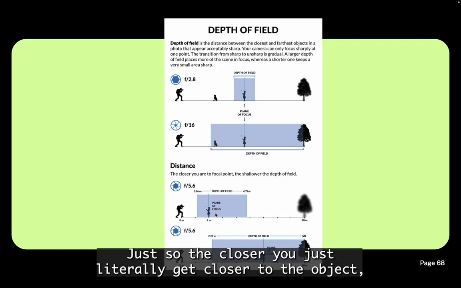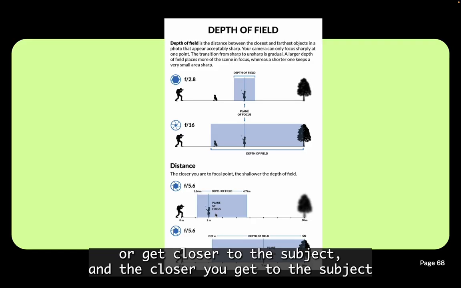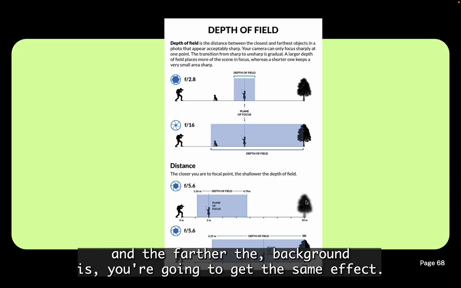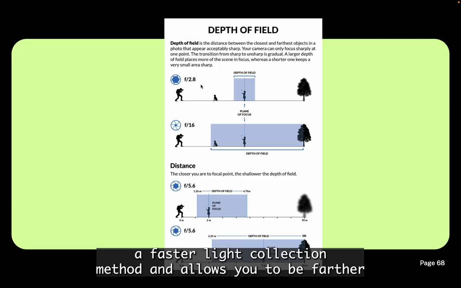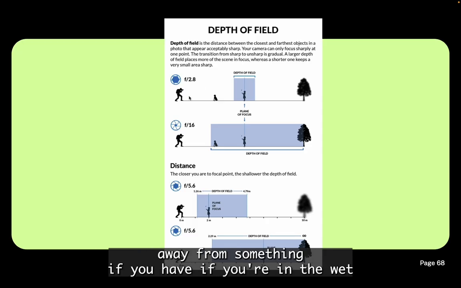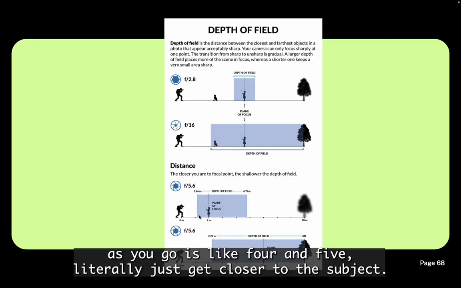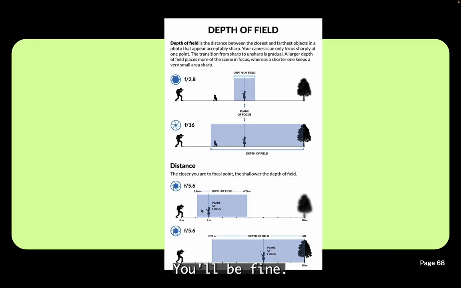You literally get closer to the subject, and the closer you get to the subject and the farther the background is, you're going to get the same effect. The wider aperture really only offers you a faster light collection method, and it allows you to be farther away from something. If the widest you go is 4 or 5, literally just get closer to the subject. You'll be fine.